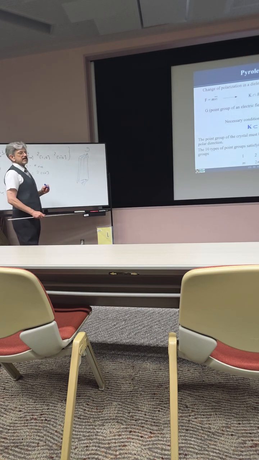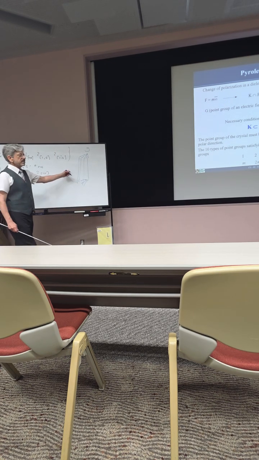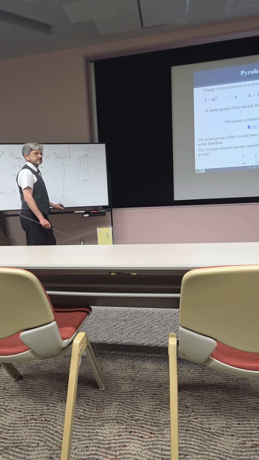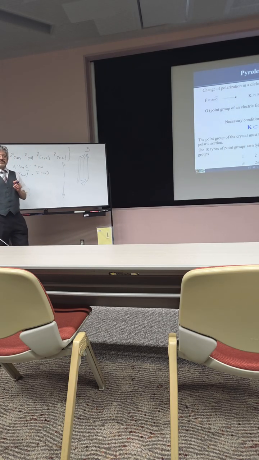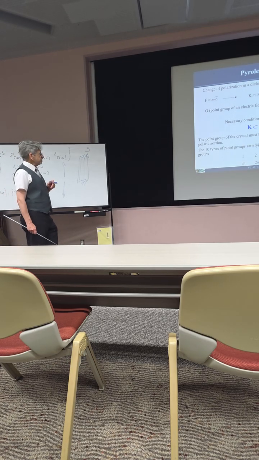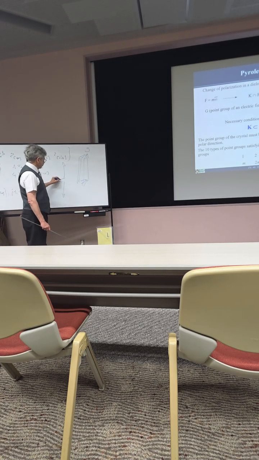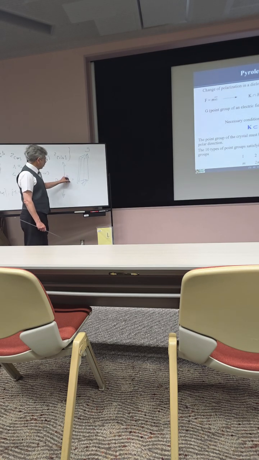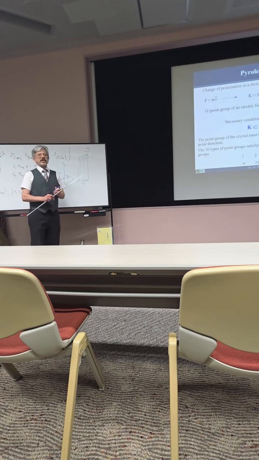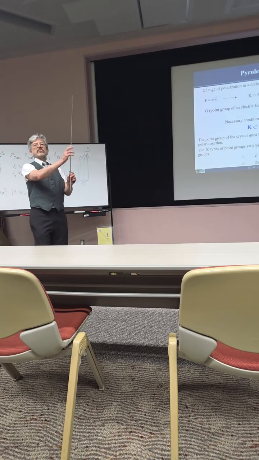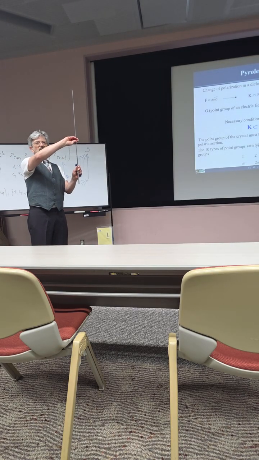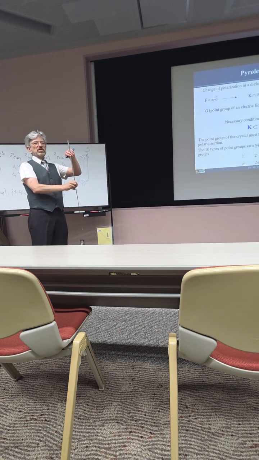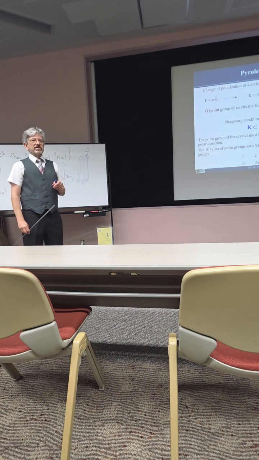Now, if the crystal contains any operation that reverses your vector, then the sum of the two is 0. So, the crystal must not contain any operation like a 2-fold rotation perpendicular to the principal direction, or an inversion center, or a plane, because any operation that switches the electric field from one sense to its opposite would kill the electric field.